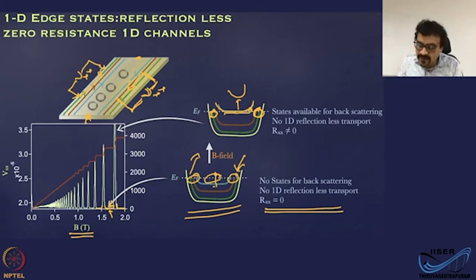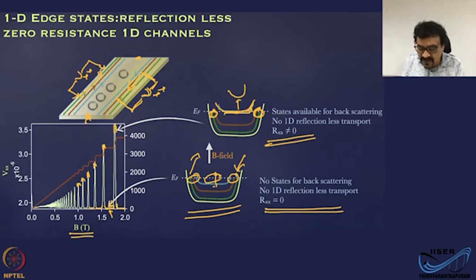Now when you increase the B field, you will reach a situation where this level is going to cross the Fermi level. When it crosses the Fermi level, there are a lot of states to scatter into. The resistance is not zero. The resistance will shoot up, and that is represented by the peak. And this happens periodically, because every time a Landau level crosses, you get these peaks. But once the Landau level is crossed, you get a valley with zero resistance.